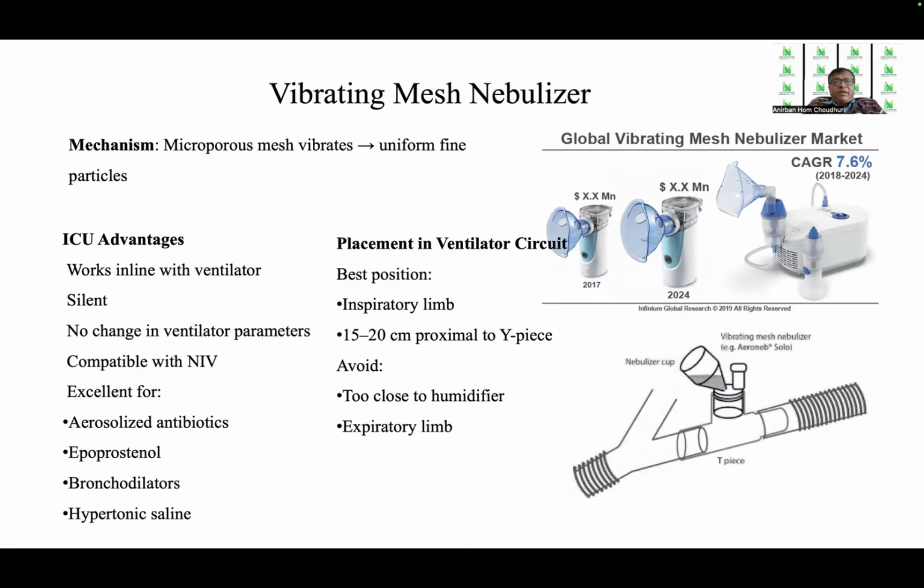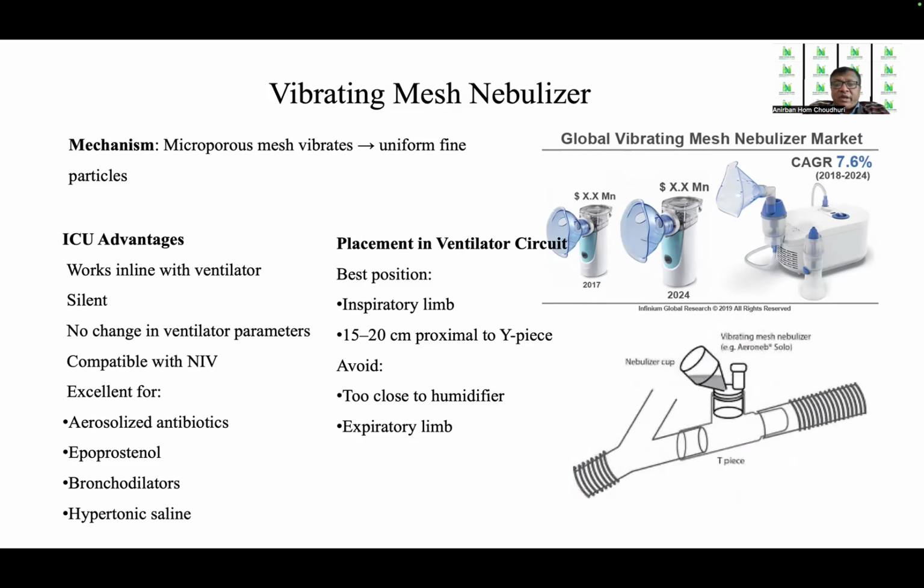The third device is the vibrating mesh nebulizer, which is the gold standard, and almost all ICUs use it, particularly when antibiotics have to be administered. The mechanism is that a microporous mesh vibrates, and uniform fine particles are generated and delivered into the respiratory tract at the right location. The advantage in the ICU is that it works in line with the ventilator.